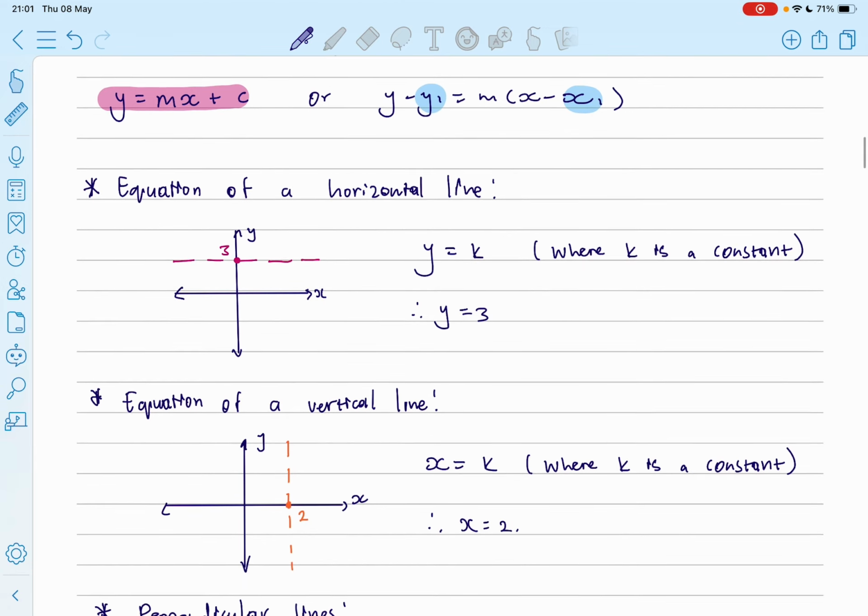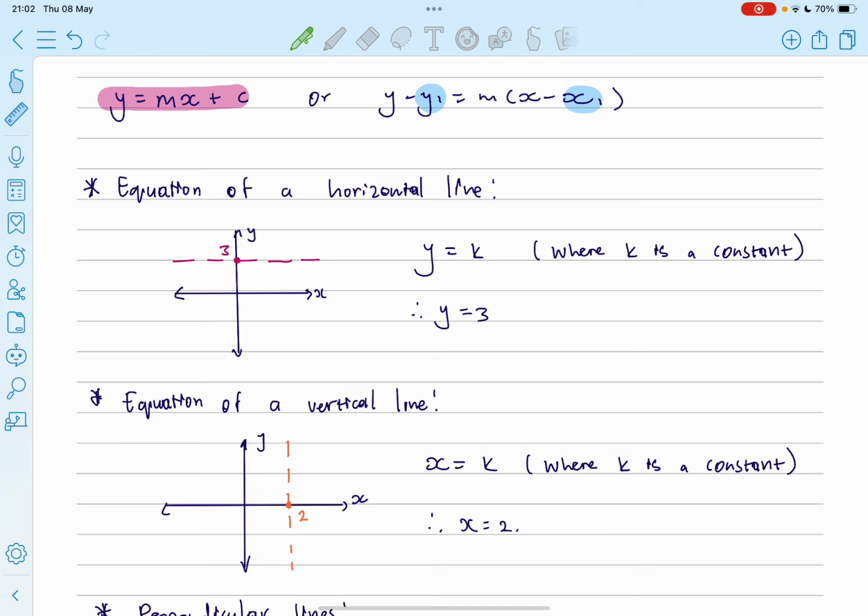Okay, then we have equation of a horizontal line. So this actually tends to get most students confused. When you just have a horizontal line, it means that it just has one y value, but the x values can change.